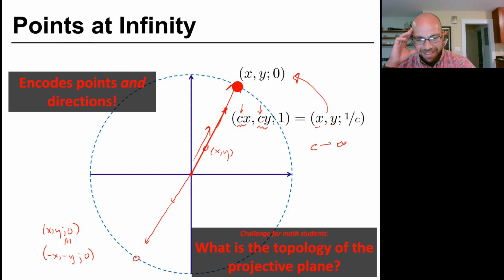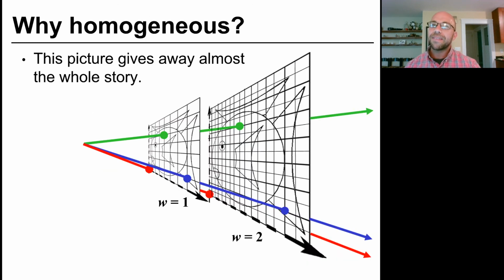So a really crazy thing happens in the homogeneous universe, which is that if I go far enough out in one direction, it actually wraps around on the other. If you're a math student, you might be tempted to think about the area of topology, and you would not be wrong. So I'll let you think about that. So in any event, if that's not important to you, I wouldn't worry about it.